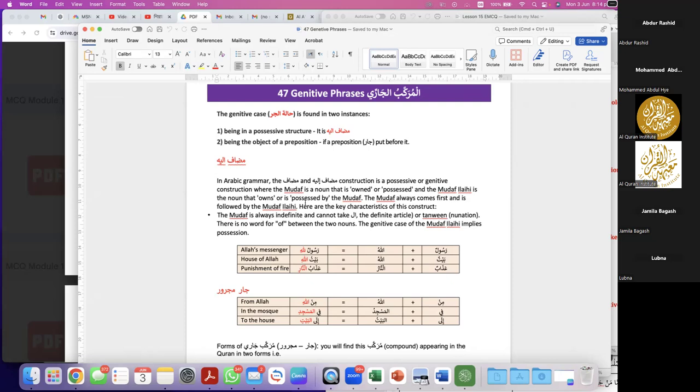It resembles a Fi mahalli jar. Yeah. Fi mahalli means state. Jar means in the state of jar. So, Brother Rashid, fi mahalli rafa. What does it mean? In the state of rafa.